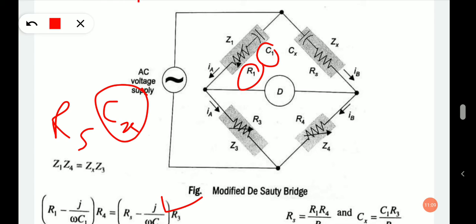Under balance condition, the potential drop across this resistance R1 balances the potential drop across the ZX branch. The inconvenient small values of R1 can be eliminated by connecting another resistance Rs in the ZX branch to increase its total resistive component.